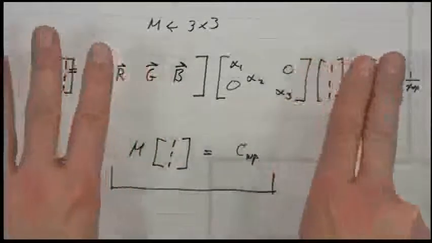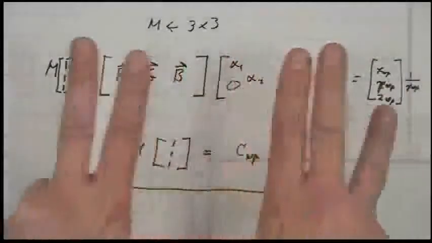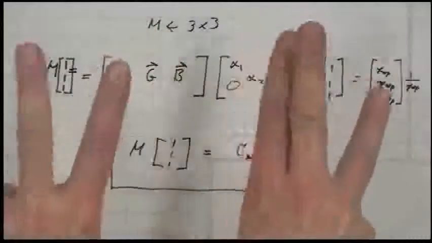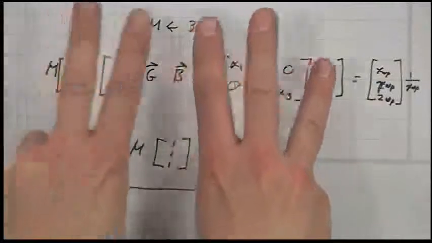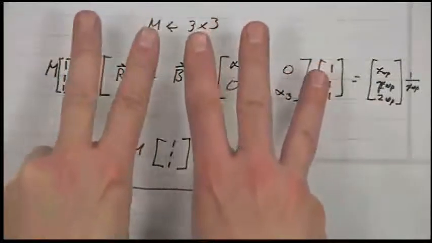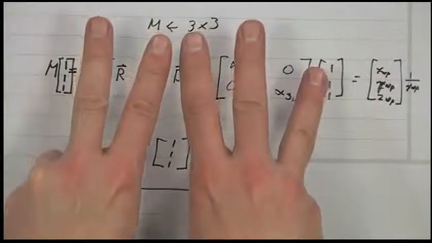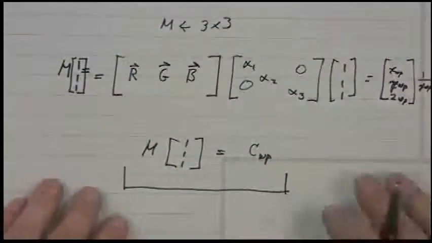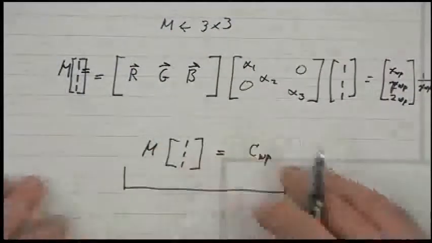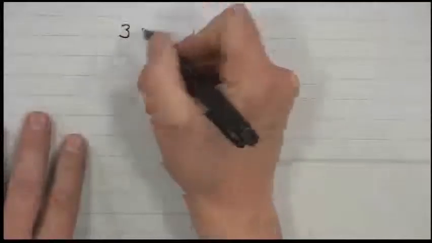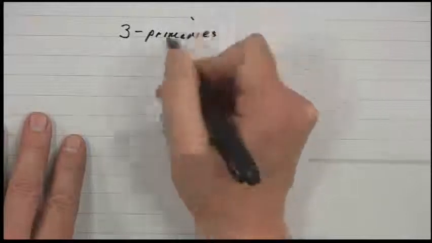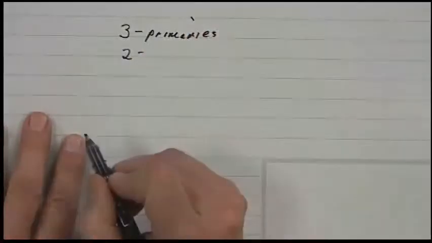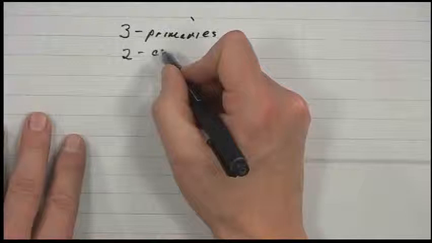So let me see if I can do this. 3 times 2 is 6. So there's 3 primaries, and 2 degrees of freedom for chromaticity.